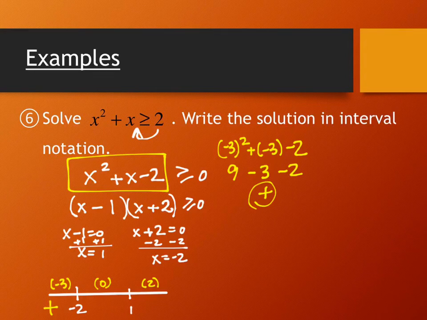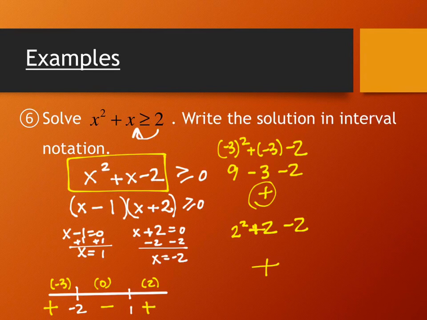That's what matters. If I put in a 0, you can probably see very quickly what happens with 0, right? Yeah, these two just cancel, so you get a negative. And then we'll try the +2. So 2 squared plus 2 minus 2. That's positive as well.